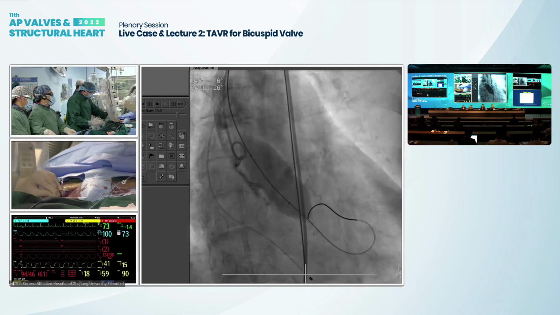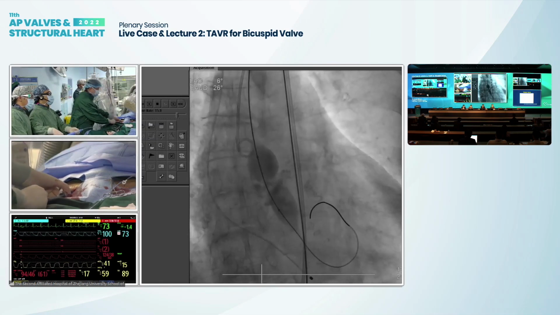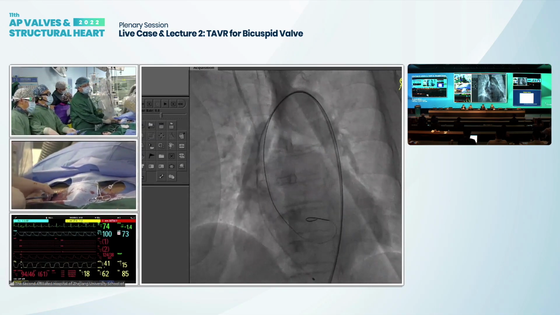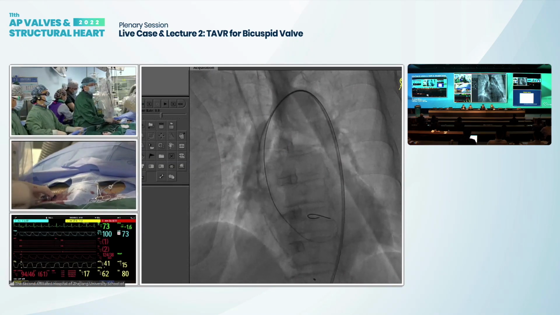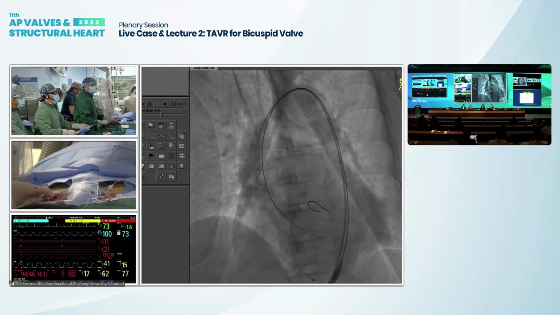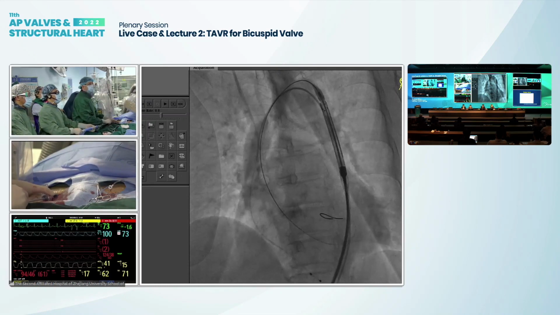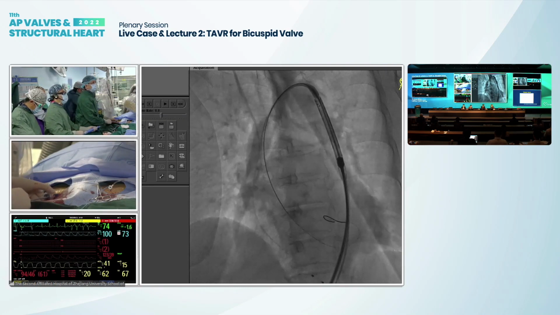So now we get the device in, the Venus A Plus. We need to take care of, or maybe adjust, the wire. What wire do you use for the Venus A Plus? Lunderquist? Longquest.